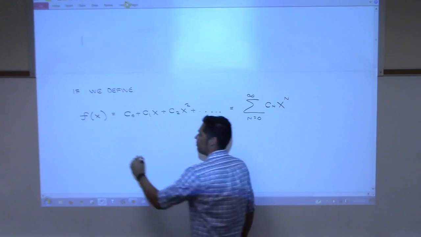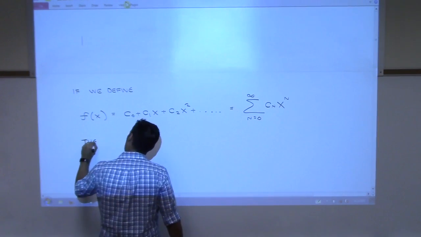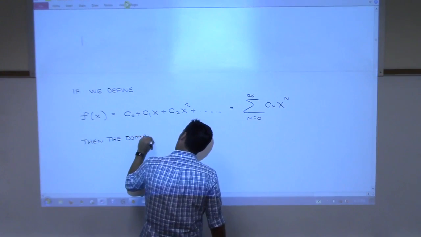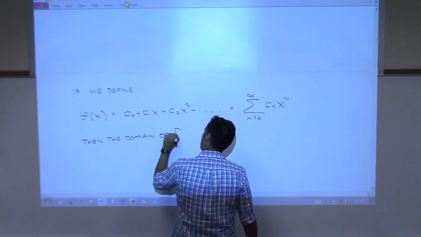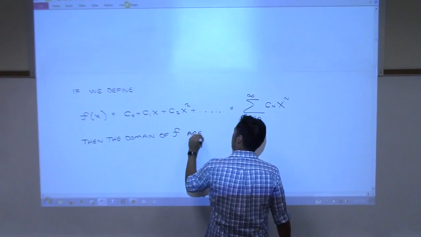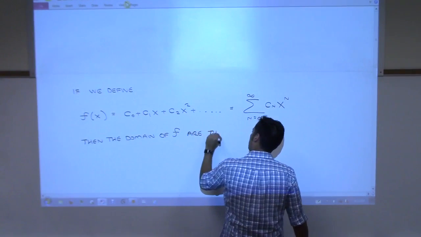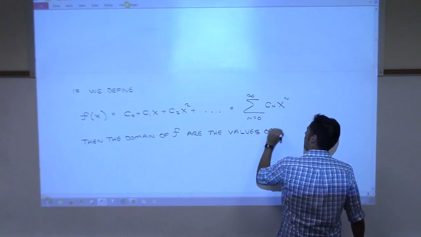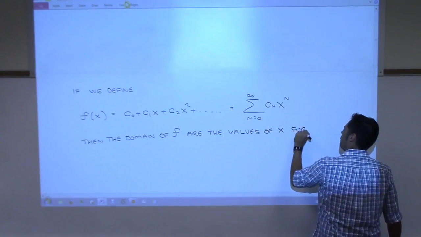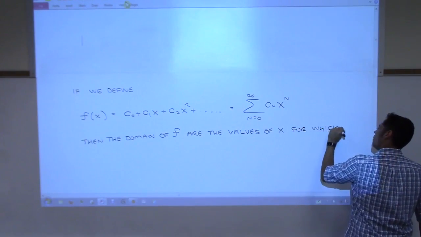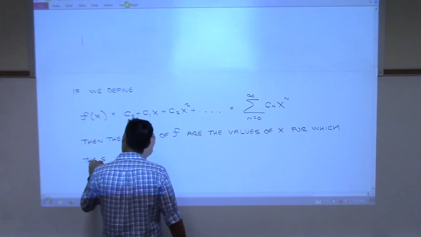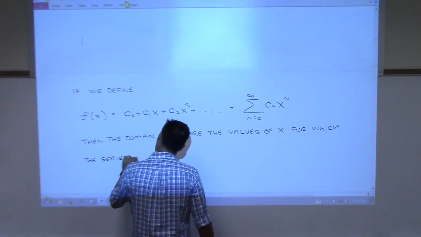then the domain of f are the values of x for which the series, what? Converges.